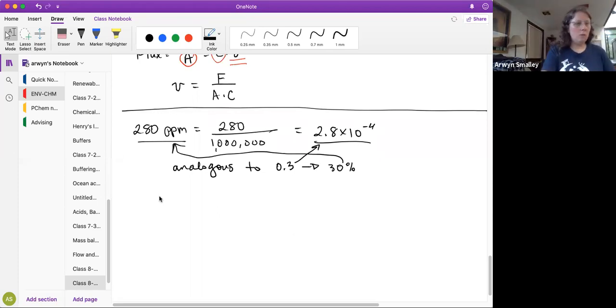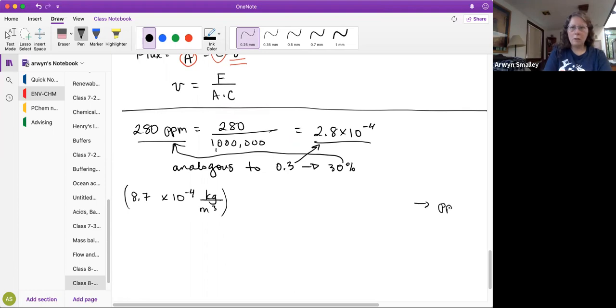All right, so let's work it out. When we did it the other direction, we said we had 8.7, or whichever our number was, times 10 to the minus 4 kilograms per meters cubed. And we were heading toward parts per million.